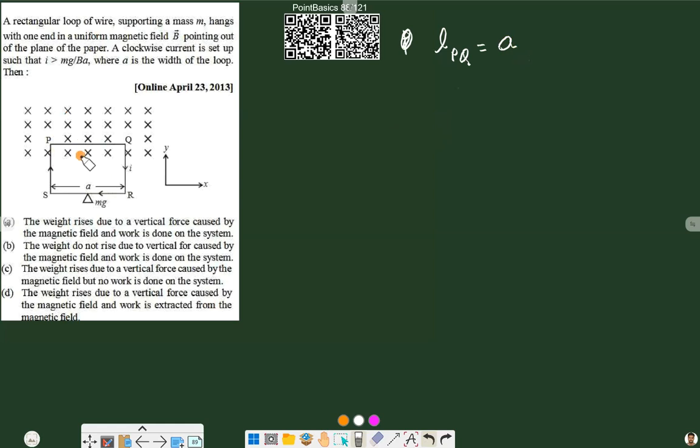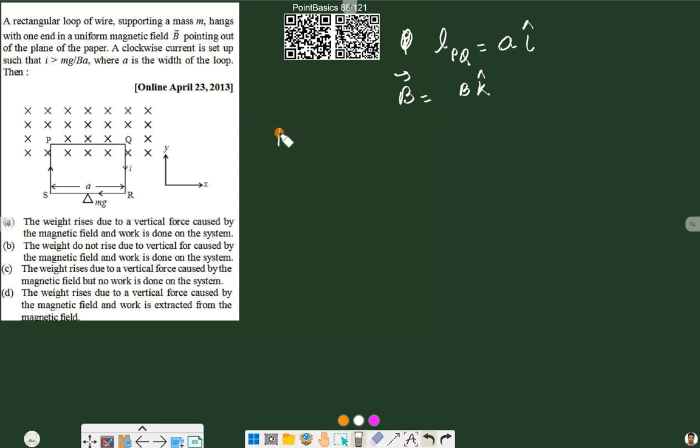And here the direction of the current is clockwise. So the current in the PQ conductor is moving in the positive x direction. So here we will have I i-unit vector. And the magnetic field, as per the statement, is pointing out of the plane of the paper, meaning in the positive z direction. So the magnetic field, we can say, is B into positive k.